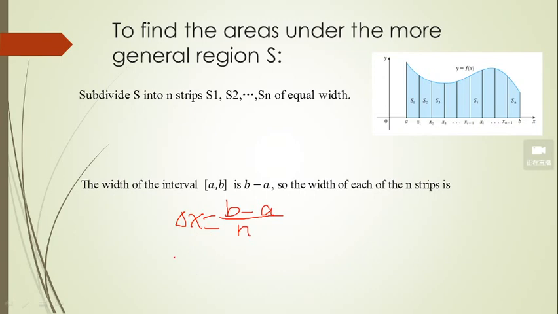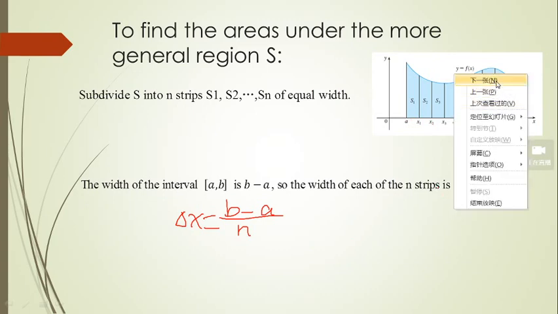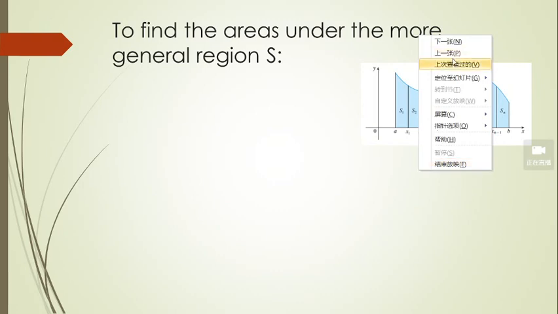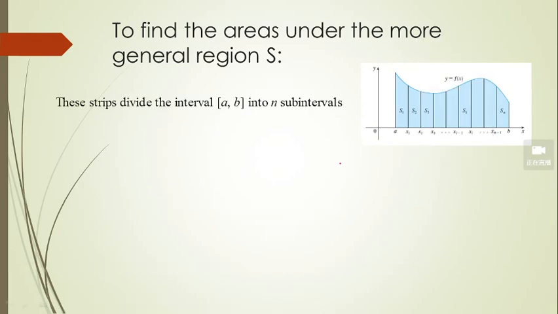That is the first step: delta x is the width of each strip, (b minus a) over n. Then let's discuss the intervals.